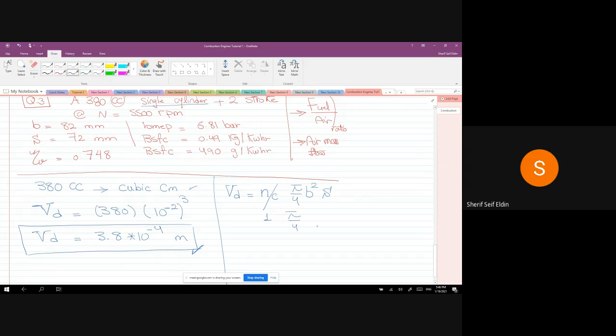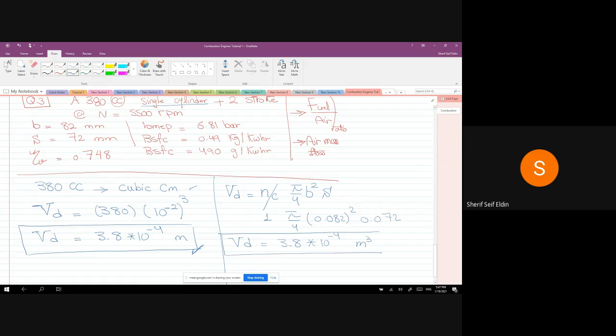Pi over 4 B squared is 0.082 all squared, multiplied by S, which is 0.072, and this also gives you a displacement volume of 3.8 times 10 to the power negative 4 meter cube.